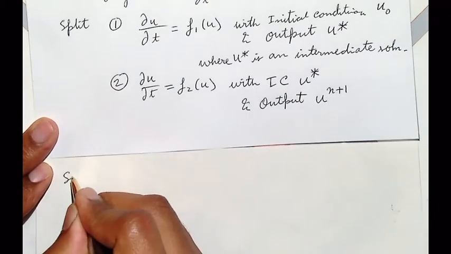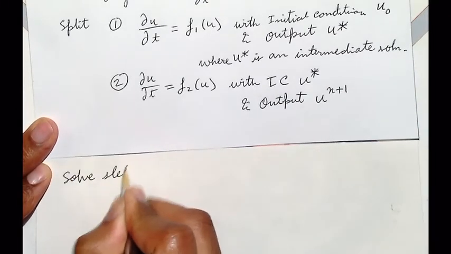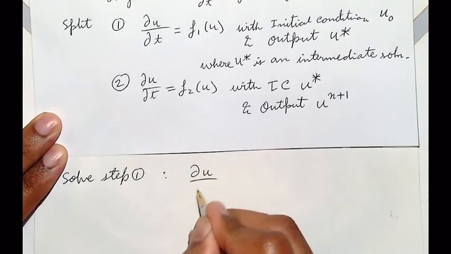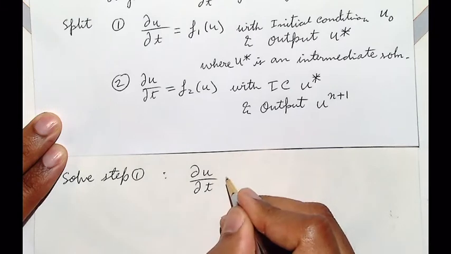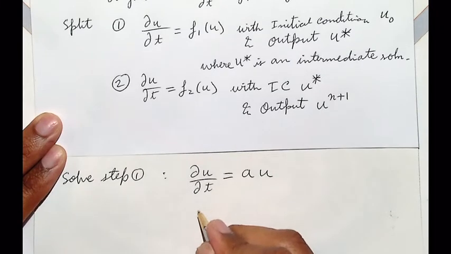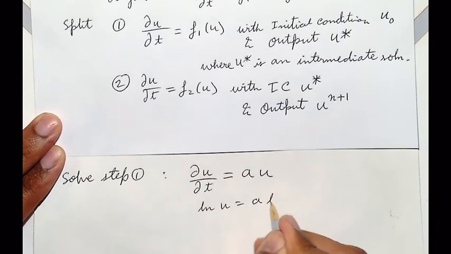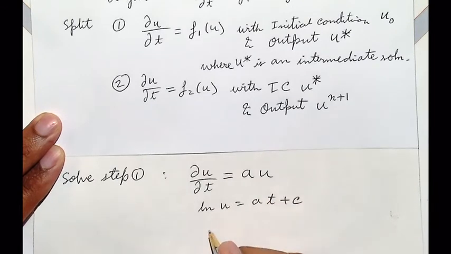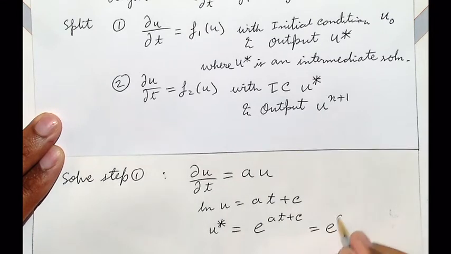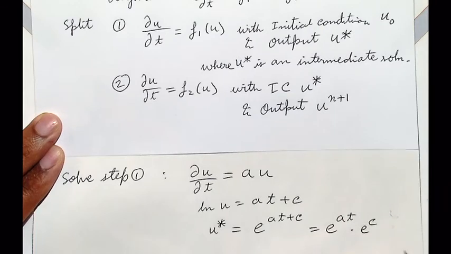Okay, so let's solve step 1. What do we have? We have du by dt is f1, which was a times u. So the solution for this, again, you integrate in time, it will be ln of u equal a t plus c. So u star is actually e to the at plus c, which is e to the at times e to the c.